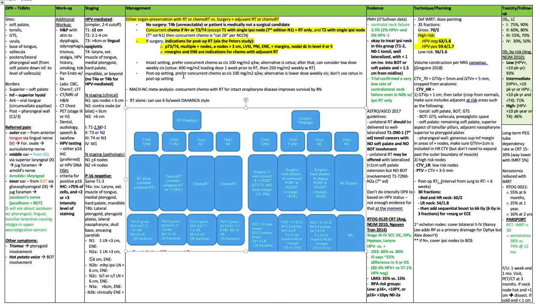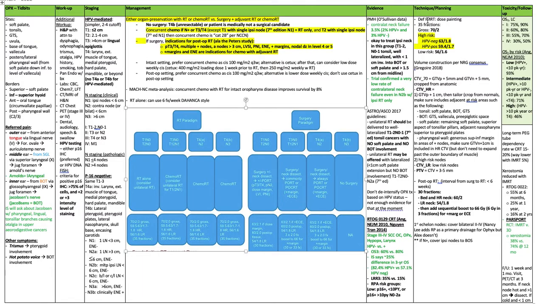T4A, N2 gets surgery, neck dissection, always gets post-op radiation or post-op chemoradiation for positive margins or ECE. Again, 63 if ECE, 60 post-op, 54 low risk with a boost to 66 gray for a positive margin, and 30 to 33 fractions. Then T4B, N3 gets no surgery.